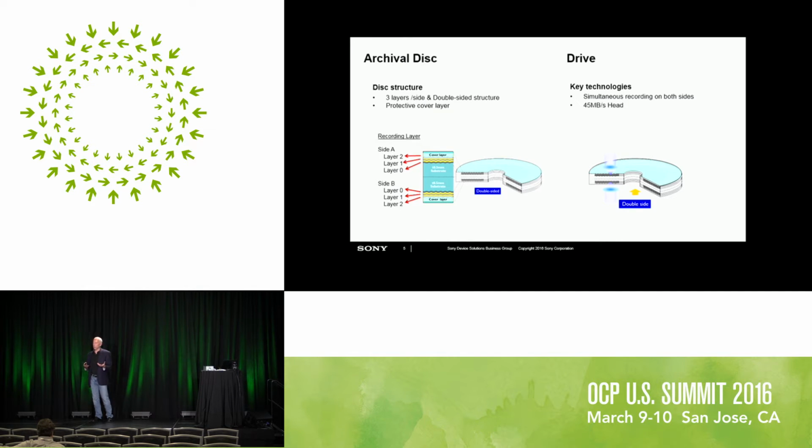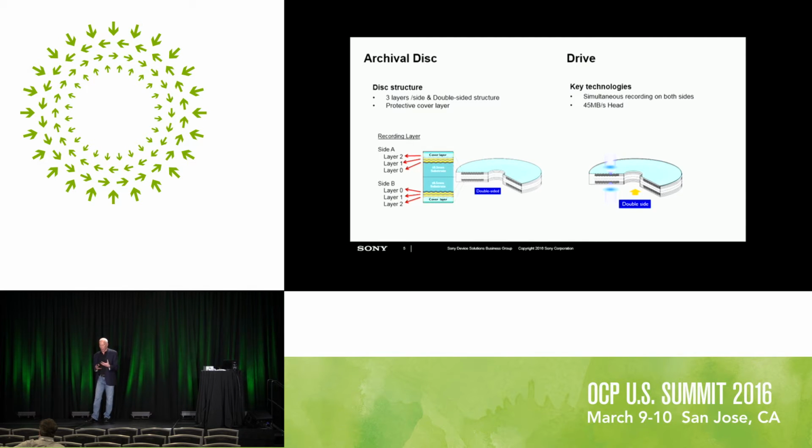We increased the capacity from Blu-ray and we made it a dual-side medium. On top of that, we improved the reliability of the medium so that we can do a 100-year media reliability, a 100-year warranty for this product, for the medium.